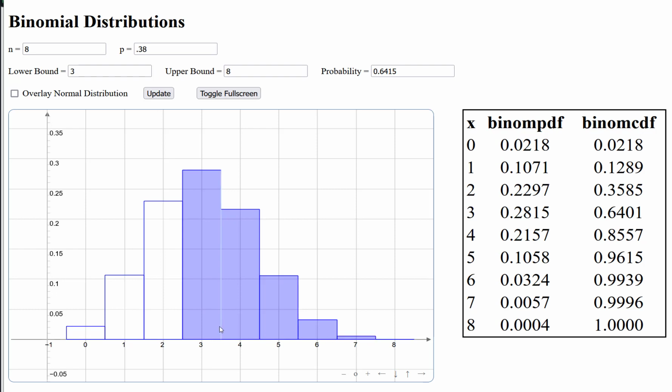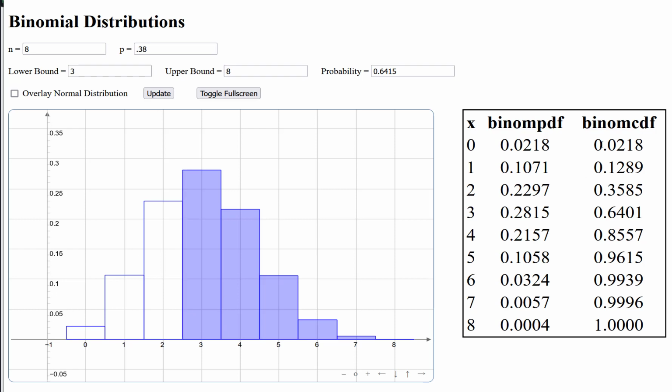Now, how do I get the calculator to give me that total? Well, if it's an area on the right-hand side, so I've got like the shaded bars on the right-hand side, I need to do a complement with Binomial CDF. But then the question is, if I'm doing a complement, where do I stop the counting?